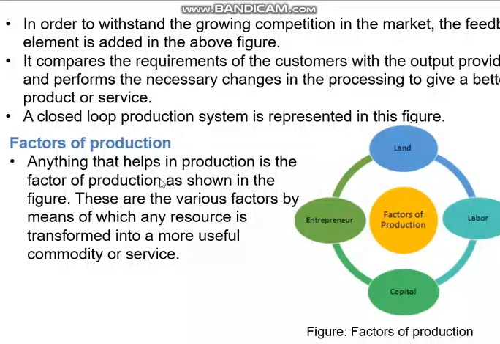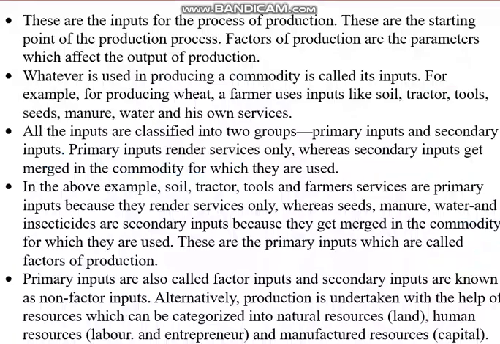Anything that helps in production is a factor of production. These are the various factors by means of which any resource is transformed into a more useful commodity or service.